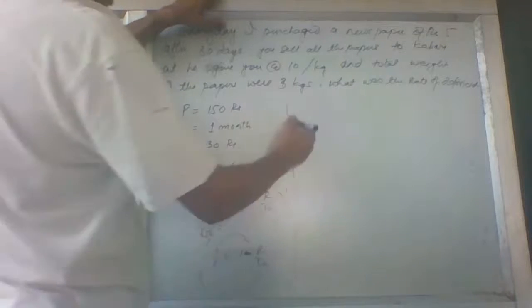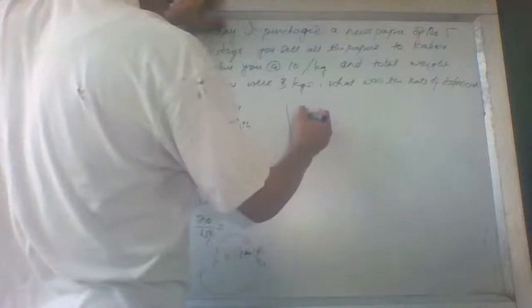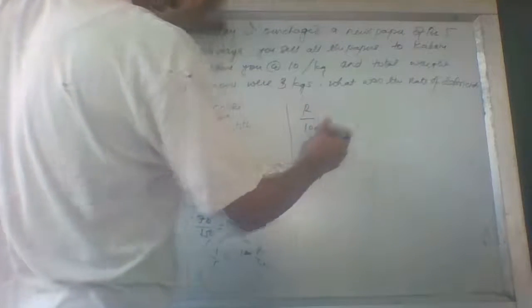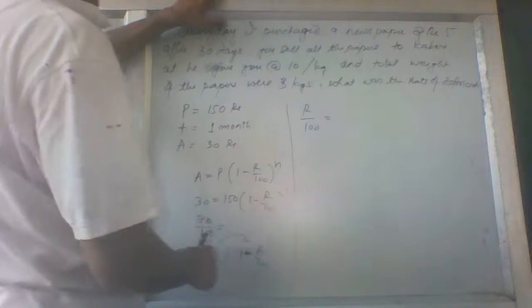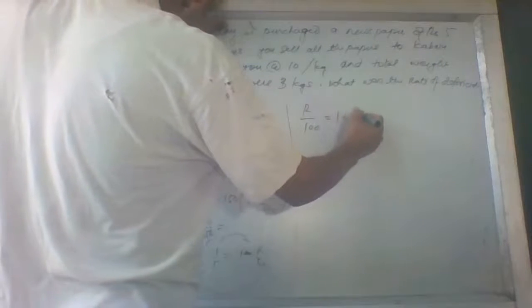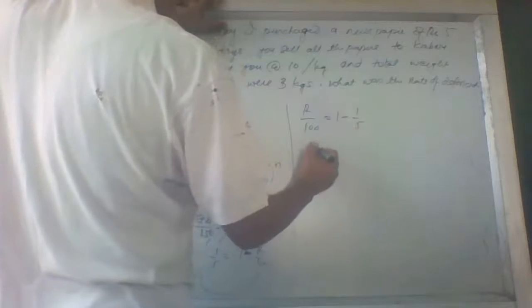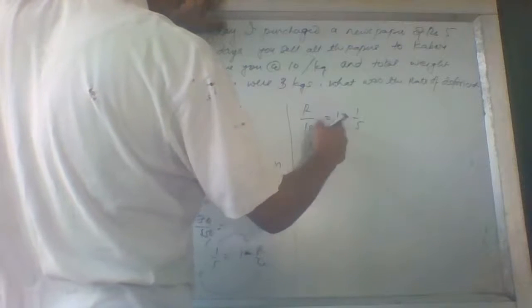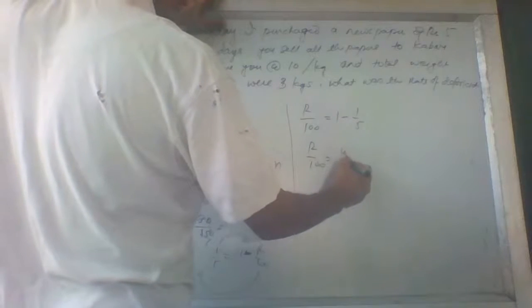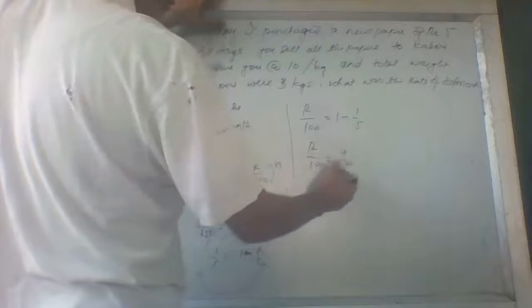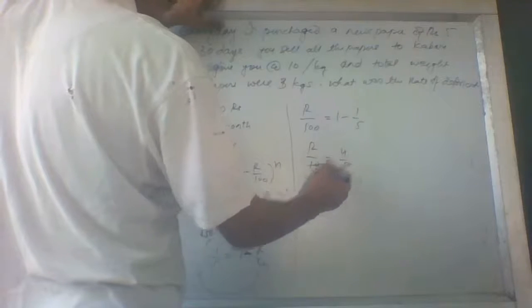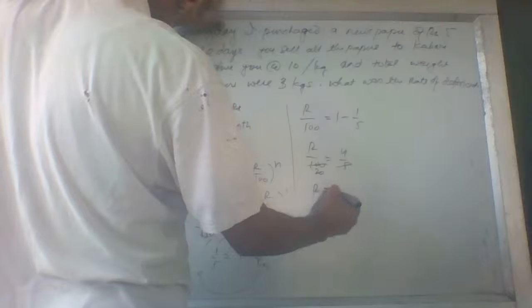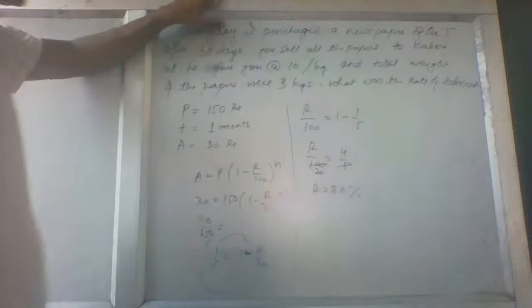What will happen? r by 100 will come up here, so r by 100 is equal to 1 remaining there, and 1 upon 5 will go there, minus 1 by 5. r by 100 is equal to 5 1 ja 5 minus 1, 4 upon 5. Cross multiply: 5 2 ja 10, 24 ja. r is equal to 80% depreciation.